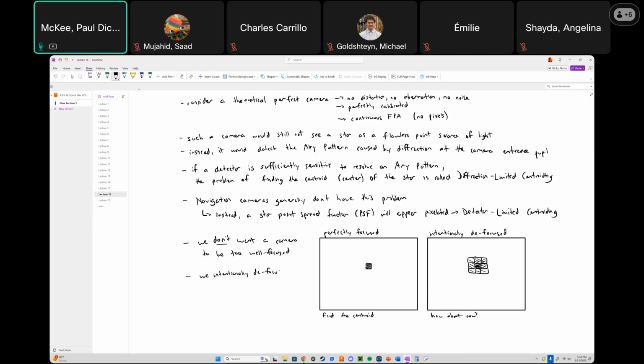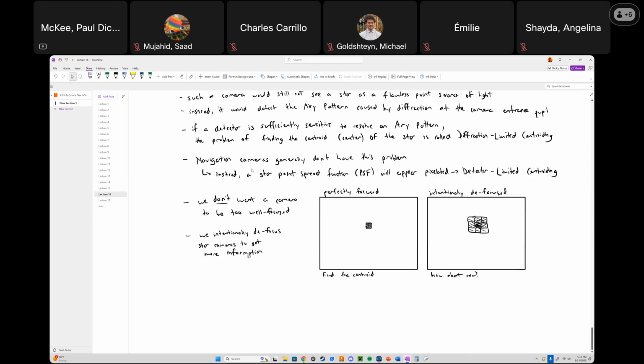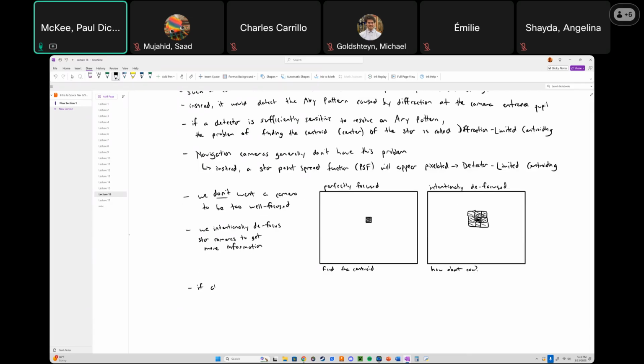So to be clear, we intentionally defocus star cameras to get more information. If the light falls onto a single pixel, we must take the middle of that pixel as a centroid.